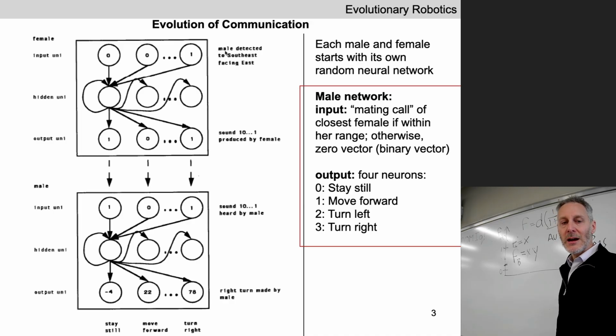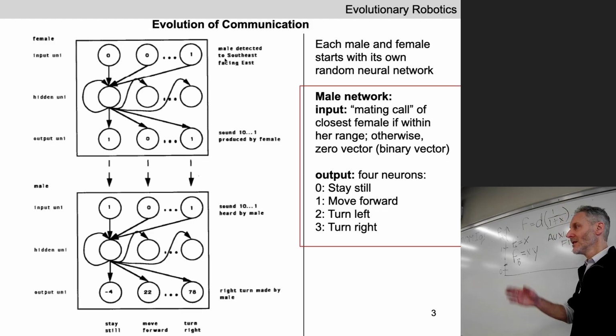In this cartoon hypothetical situation, it's a little hard to read here, this female has detected a male to her southeast, and that male is facing east. You'll notice that inside her input neurons, there are zeros and ones. So this information is binarized. North, west, southeast, so forth, facing east, north, west, east.